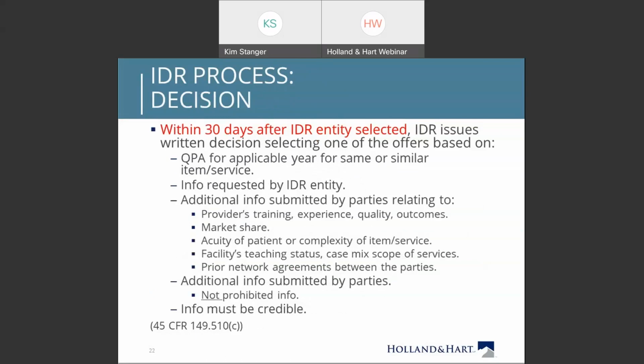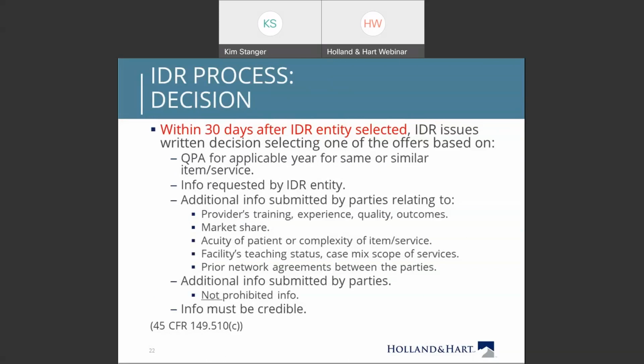So after you've submitted that offer, within 30 days after the IDR entity is selected, the IDR issues a written decision selecting one of the offers based on the following criteria. First and most importantly, the QPA for the applicable year for the same or similar item or service.